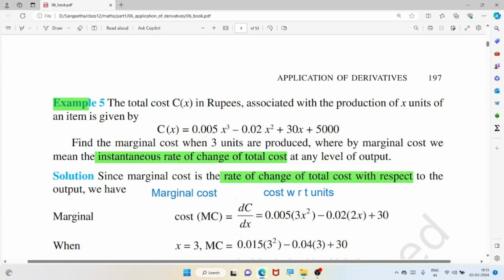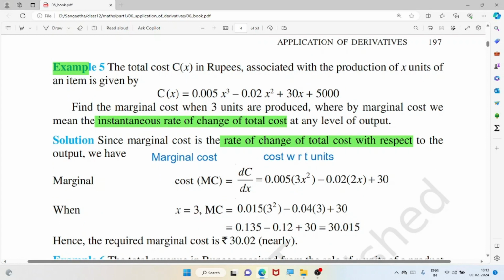The total cost in rupees of the production. Here, how they are using the derivative: rate of change of the total cost with respect to the output x, where x is the number of units. Here, rupees associated with the production of x units, dc by dx.